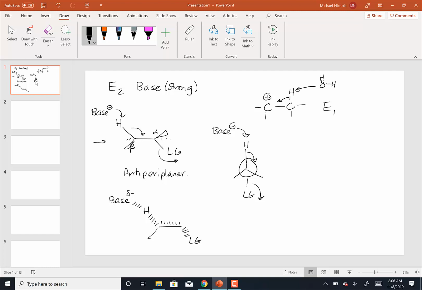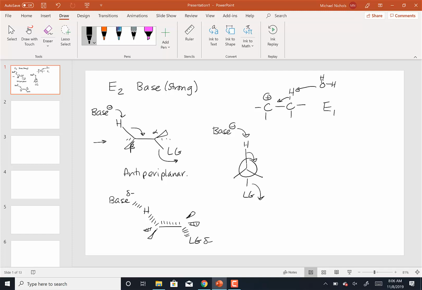And then we would have the rest of the molecule. The leaving group is going to leave as a minus, so it's going to be delta minus as well. So this would be a standard transition state for any of the E2 reactions.